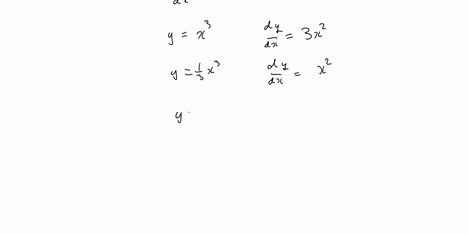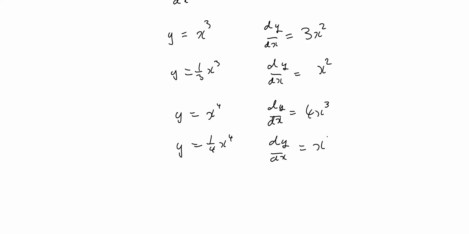We can say if y equals x to the power of 4, dy by dx is 4x cubed. So dividing by 4, if y is a quarter x to the 4, dy by dx is x cubed.